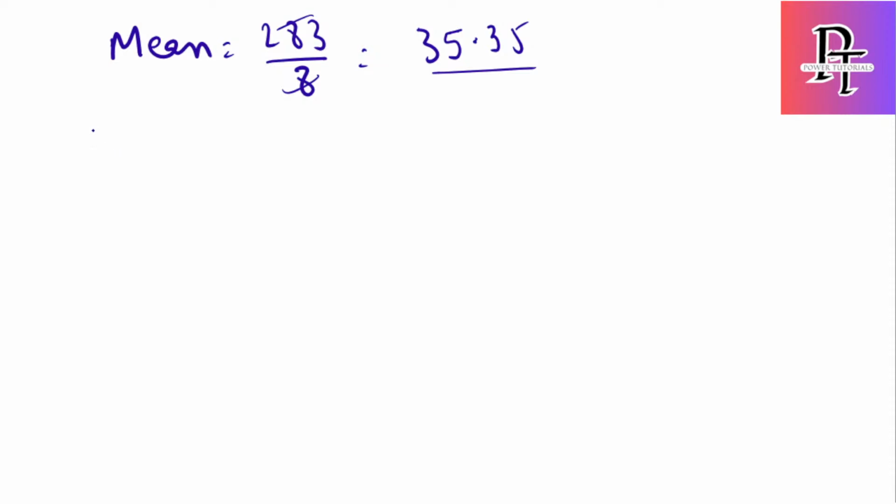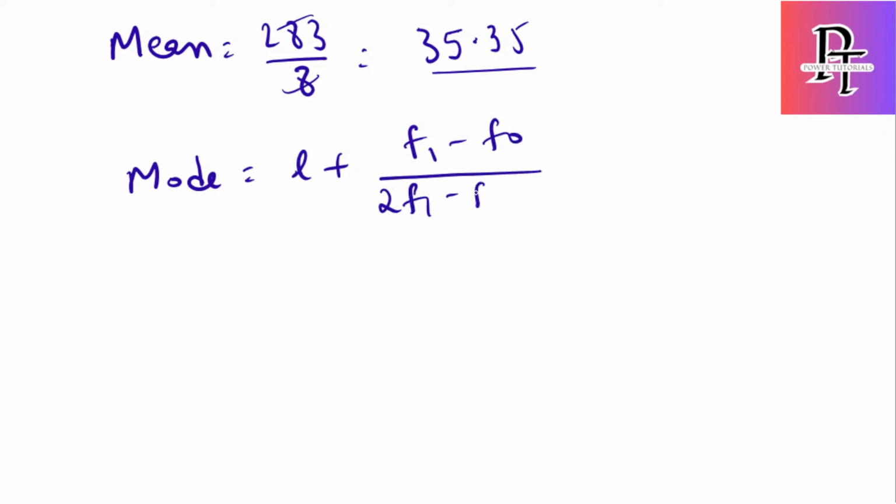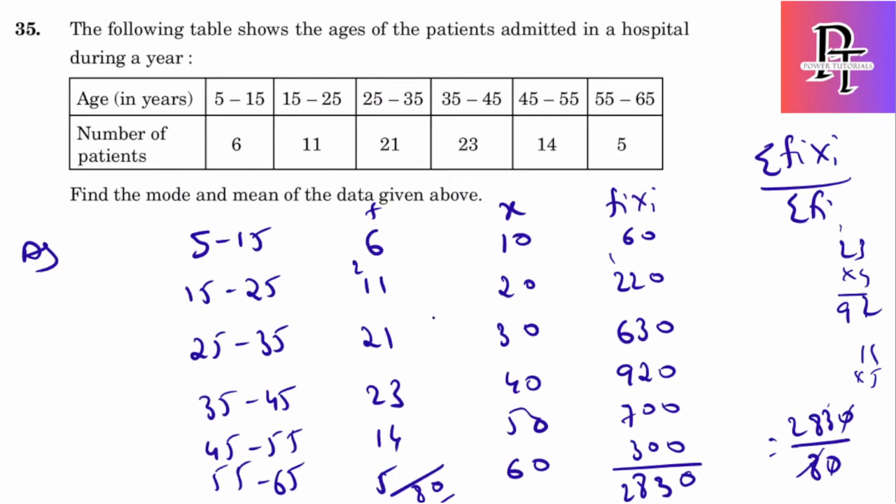Let's find the mode value. The formula is mode is equal to L plus f1 minus f0 by 2 f1 minus f0 minus f2 into h. What is the maximum frequency? The maximum is here, so this is the modal class.